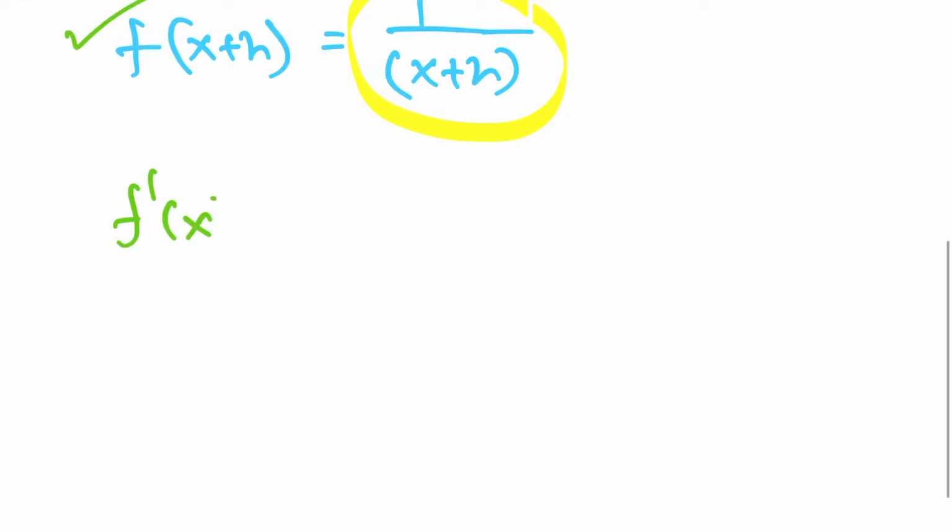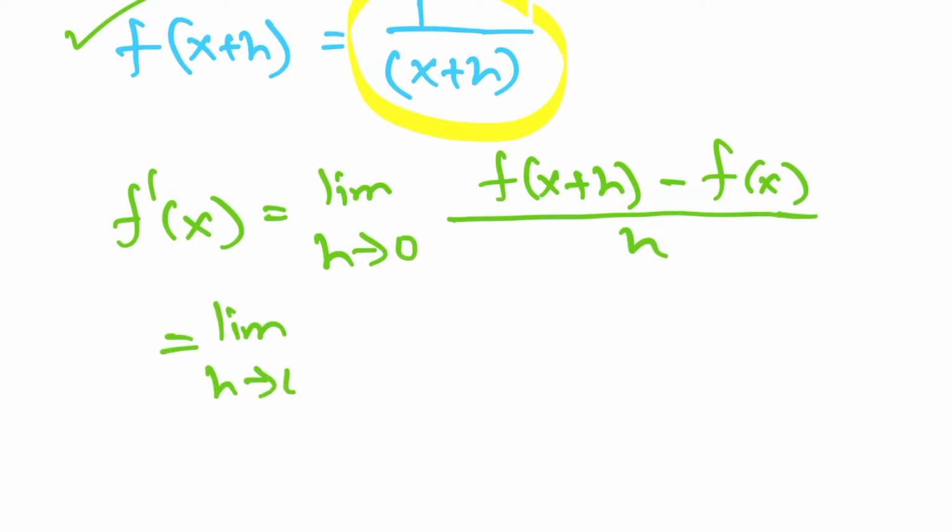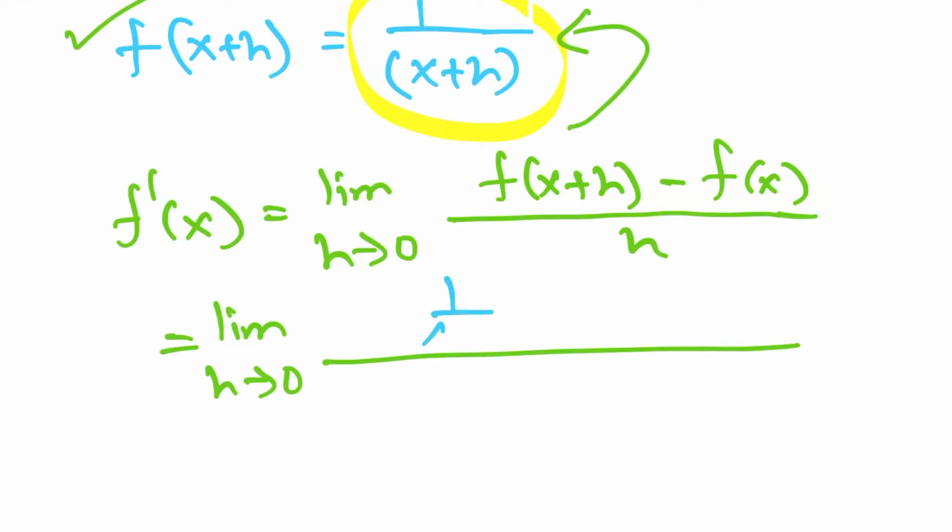So f prime of x equals the limit as h approaches 0 of f of x plus h minus f of x over h. All right, so what's the value of f of x plus h? We already found that, which is 1 over x plus h, minus f of x, which is 1 over x, all over h.